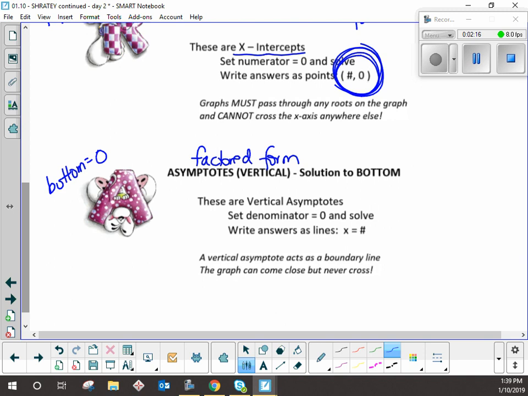The horizontal one comes later in the acronym. So these are vertical asymptotes. You set the denominator equal to 0. You write your answer as a line. Okay, x equals some number. And it's a boundary line that the graph can never cross. It's not actually part of the graph. That's why we put the dots there. It's more like a placeholder. It determines the behavior of the graph, but it's not actually part of the graph.